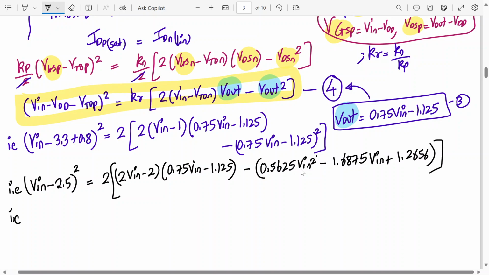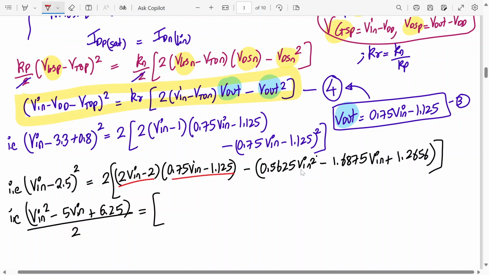That is, we open the bracket here also. This is V in square minus 2 times 5 V in plus 2.5 square, which is 6.25. This 2 we'll take over here, so we'll divide this by 2, and now we have to multiply these two and get the equation.